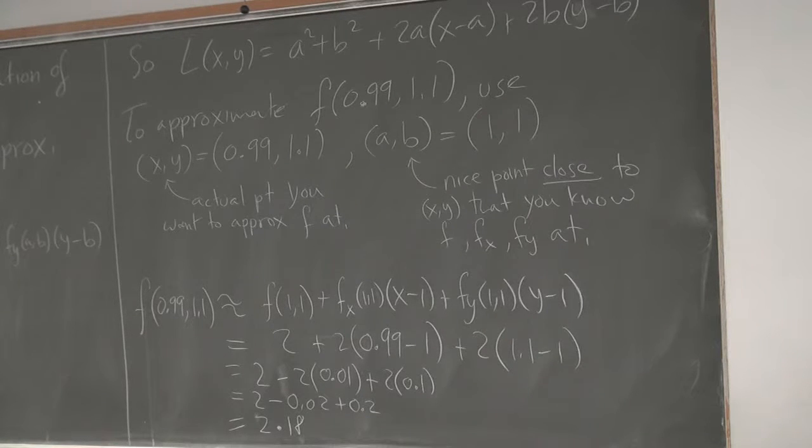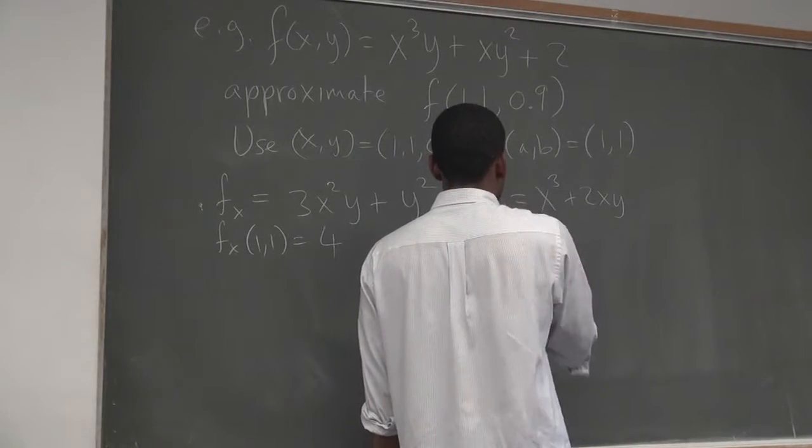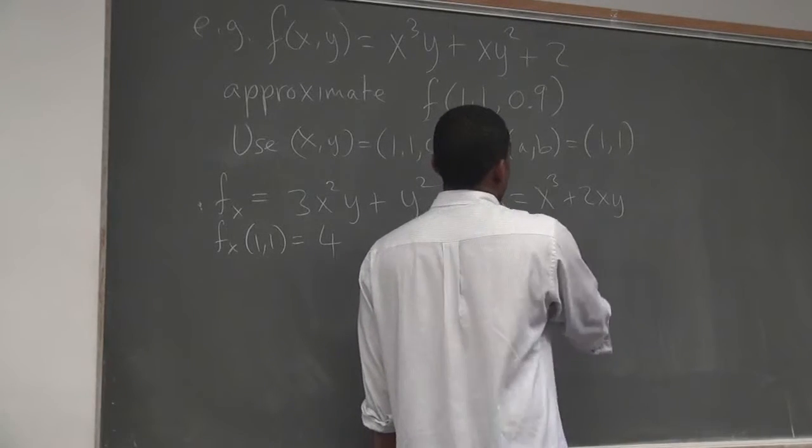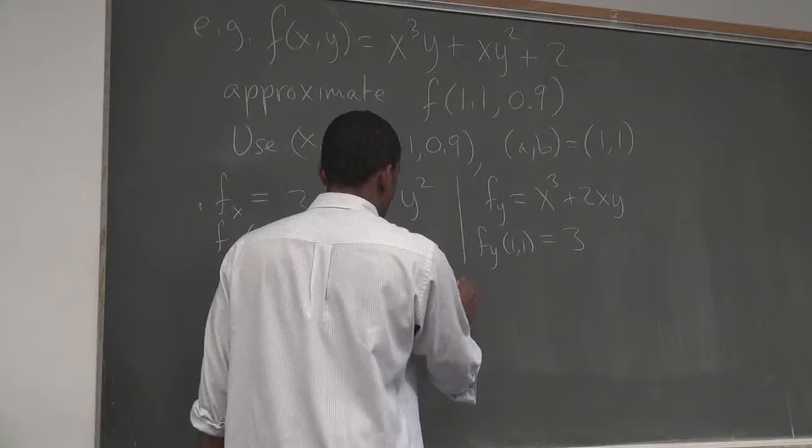That's it. So fx at 1, 1 is 3 plus 1, 4. Right? Now if I say fy, that would be x cubed plus 2xy, and so fy at 1, 1 is 3. And if I take f at 1, 1, that's 3.